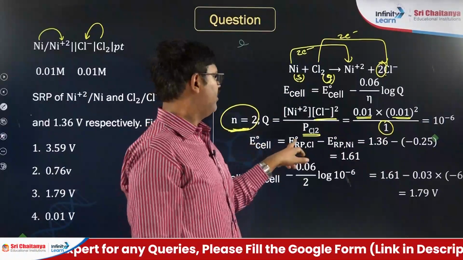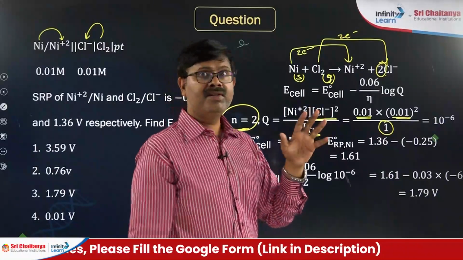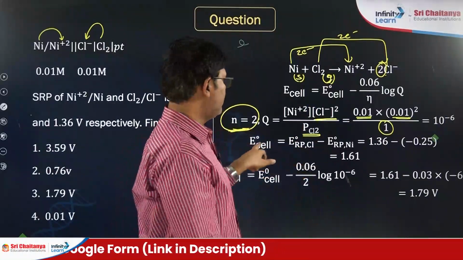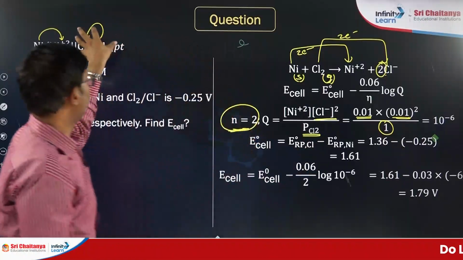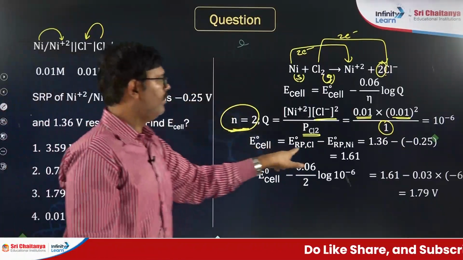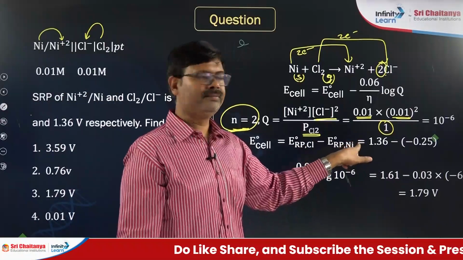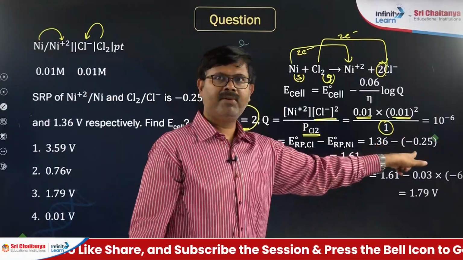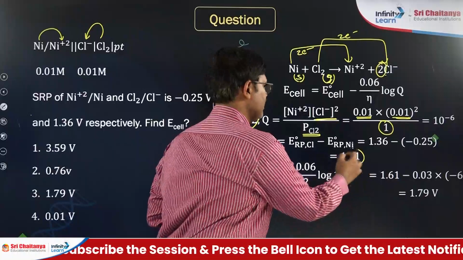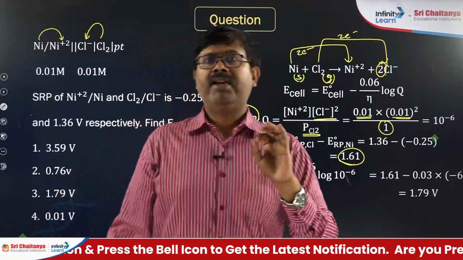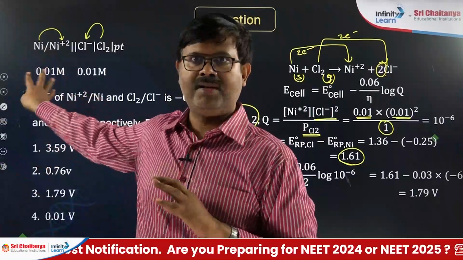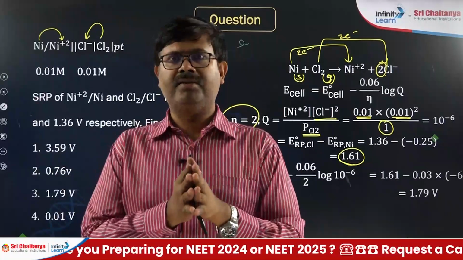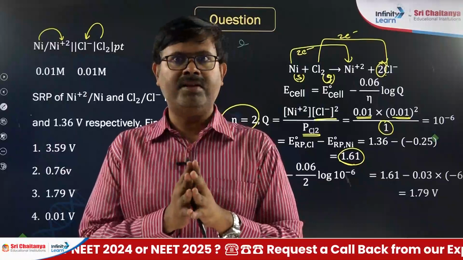Then E naught cell, because in the Nernst equation we need E naught cell also. So E naught cell is equal to the reduction potential of the cathode, which is chlorine, the right side one, minus the reduction potential of the anode. By substituting the given data from the question, you will get E naught cell. So whenever you have to calculate the EMF of the cell for given concentrations, you need to apply the Nernst equation.